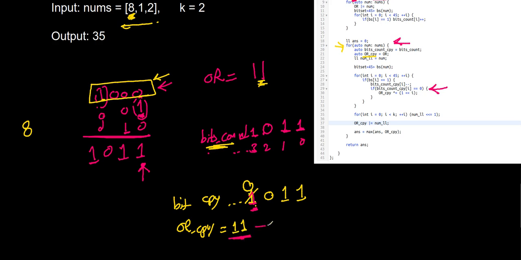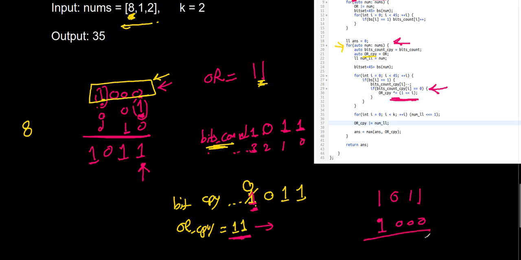So here the OR representation is 11, or 1 0 1 1, and we XOR with this bit. This is the bit 0 0 0, because we found that this bit has the value 1.